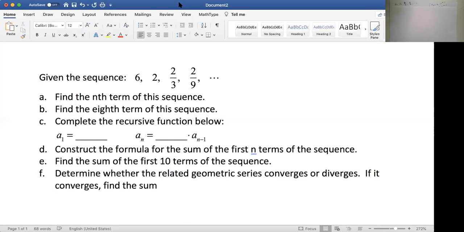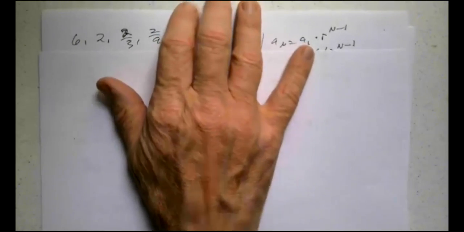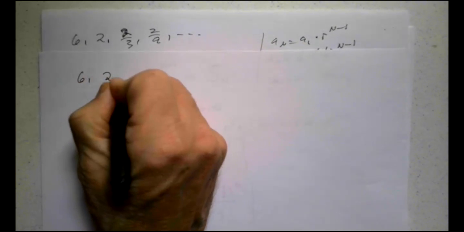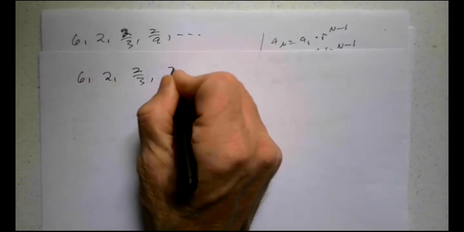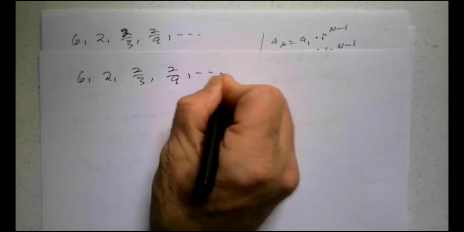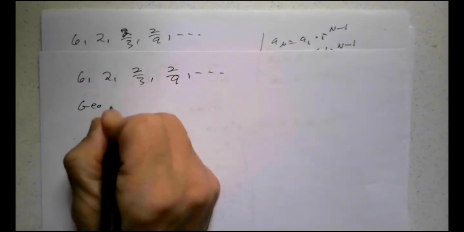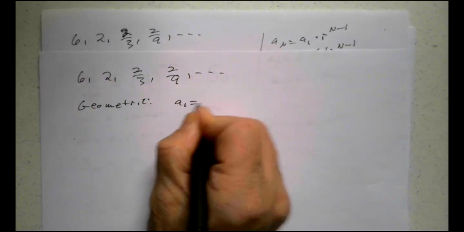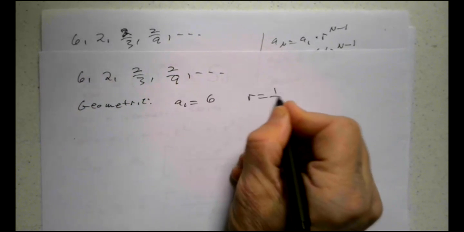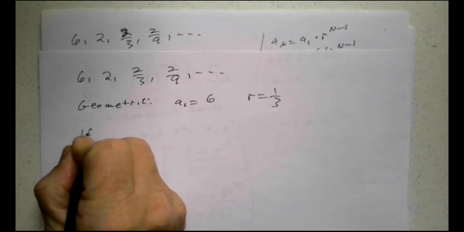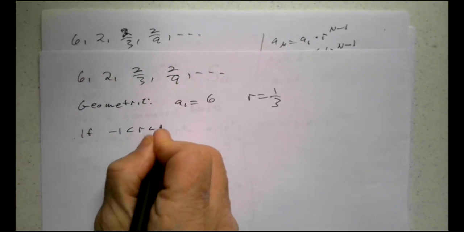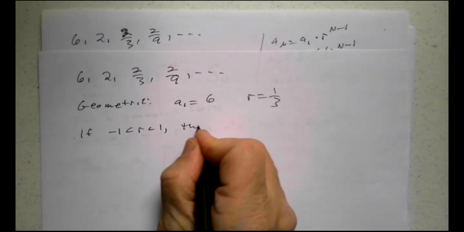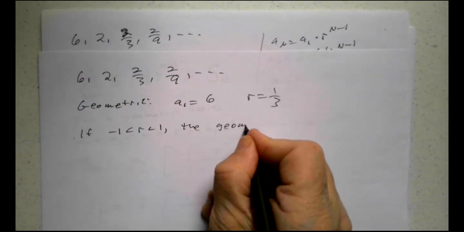Here is our series, right? 6, 2, 2/3, 2/9. It is geometric. The first term, a sub 1, is 6. The common ratio is 1/3. If the common ratio is between -1 and 1, the geometric series converges. So this converges.